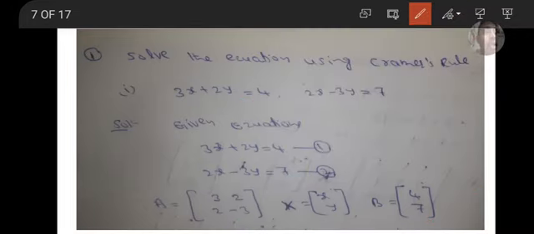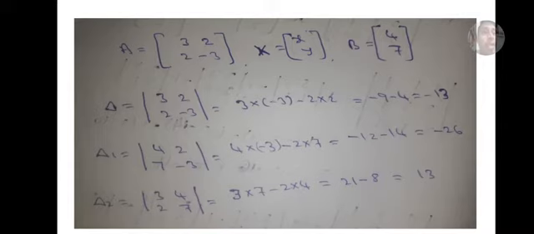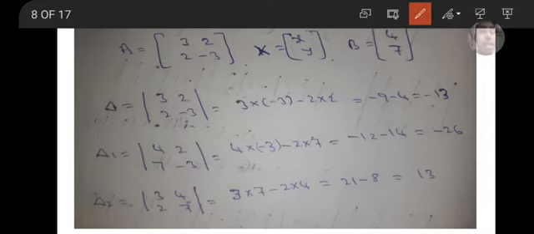Then delta, delta 1, delta 2, delta 3. Delta means the determinant of this coefficient matrix A. So delta means the determinant of the matrix 3, 2, 2, minus 3. What is the determinant of a 2 by 2 matrix?